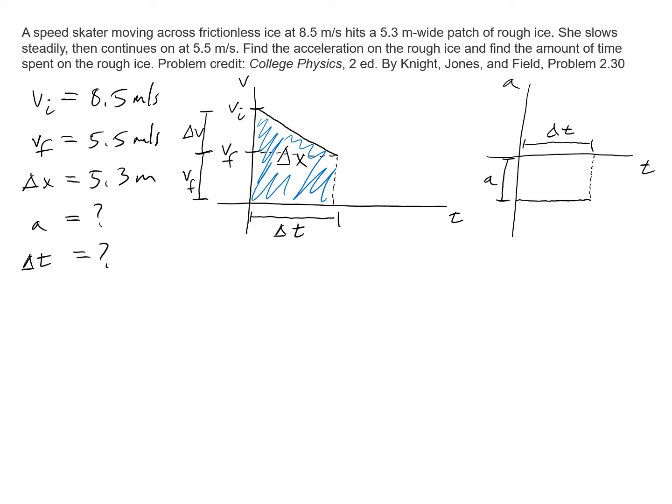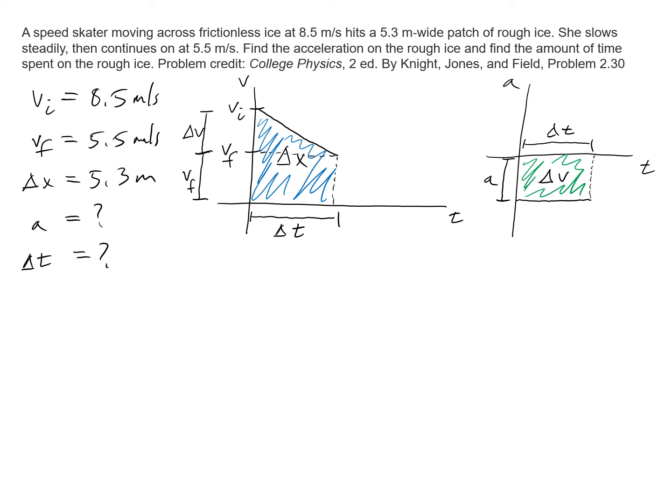The area under the curve on an acceleration graph represents the change in velocity. So all the area in this region is going to be delta v. And we recognize that delta v also is over here on the velocity graph. It would be on the velocity axis, that vertical distance there.